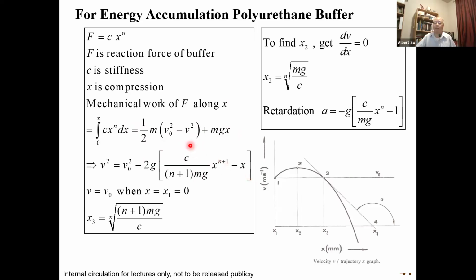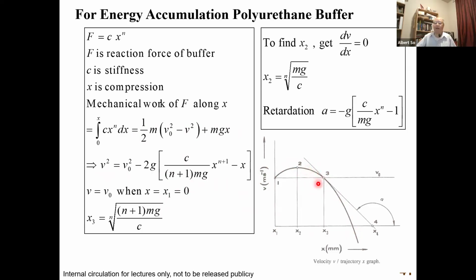And remember, at the moment when the car hits the buffer, V equals V naught. So V equals V naught when X equals X1. X1 is the initial point of contact, and this is 0. Then you get all the constants, right? Then you can calculate 3, and you find that this curve looks like this one. And you can find 3 and 2.